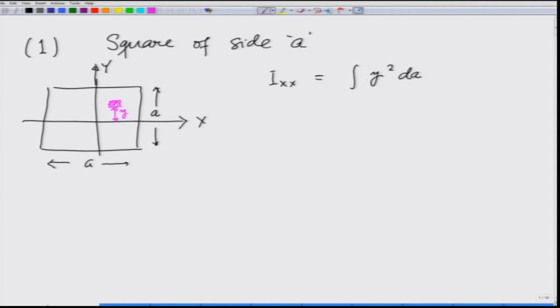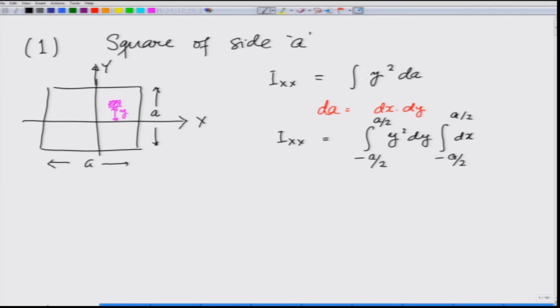In this case dA happens to be very simple, that is the infinitesimal area dA is nothing but dx times dy, and therefore Ixx is going to be equal to the integral of y square dy, which varies from minus a by 2 to a by 2, times dx, which varies from minus a by 2 to a by 2.